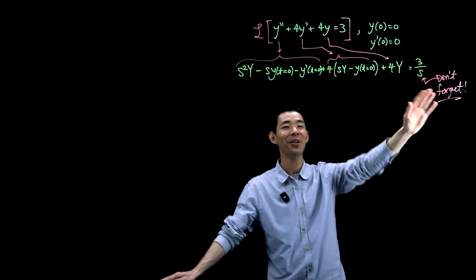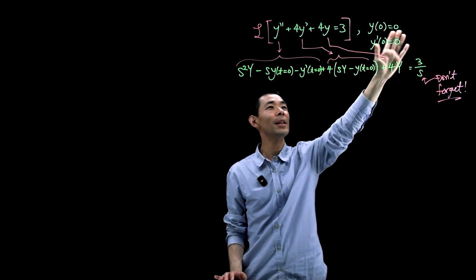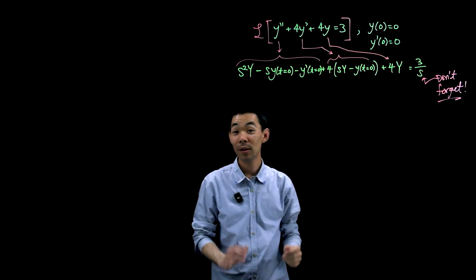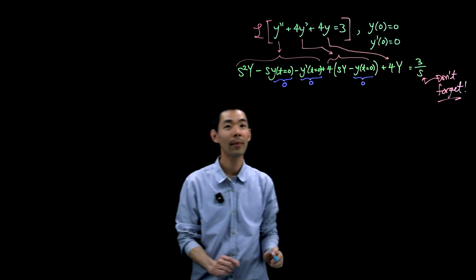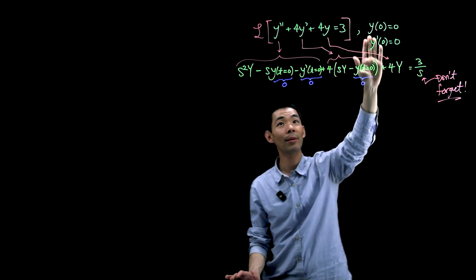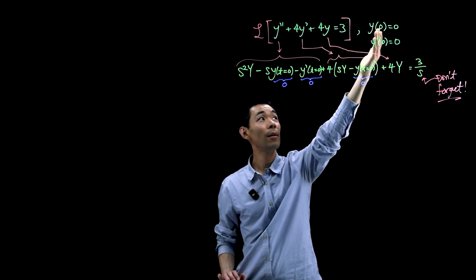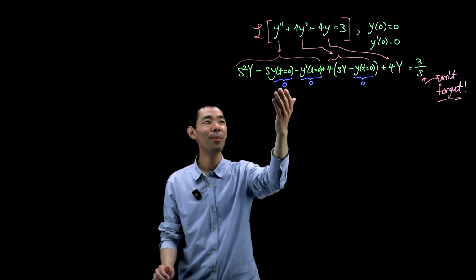So don't forget that. Now at this stage, we can seamlessly use the initial condition to remove some of these unknown coefficients or constants. All of those terms are 0 only because that was the initial condition that was applied to us. Both the function, the position, and its derivative, the velocity, essentially, are both equal to 0.